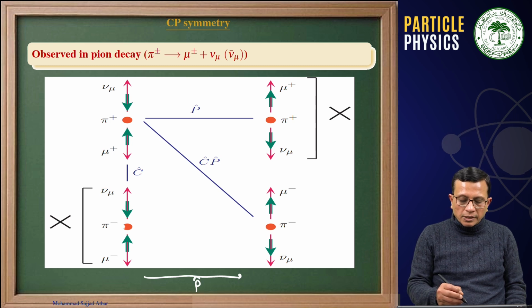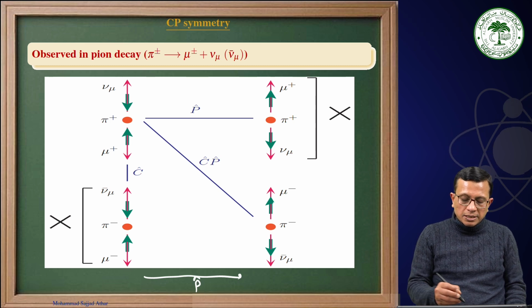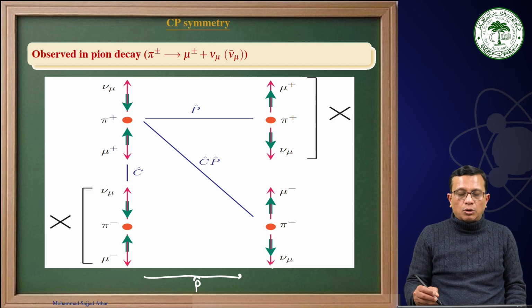Therefore, you can see that mu minus is getting emitted in the upward direction without changing the spin, and nu mu bar is getting emitted in the downward direction without changing its spin. Now mu minus has become right-handed and nu mu bar has become right-handed.